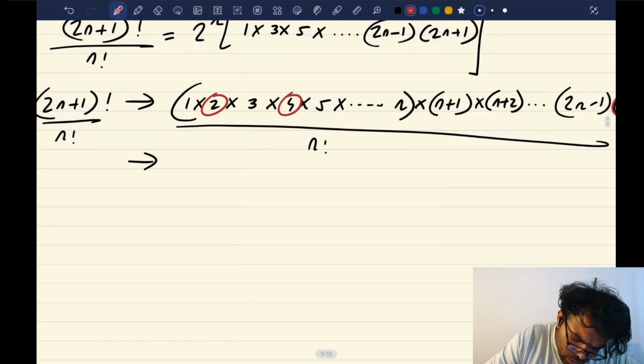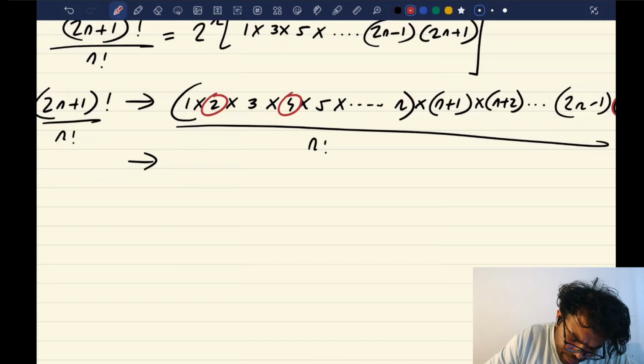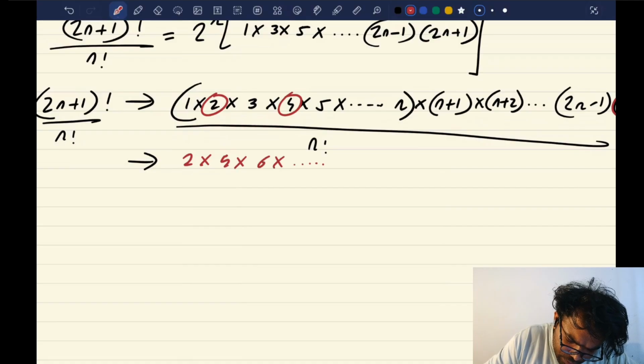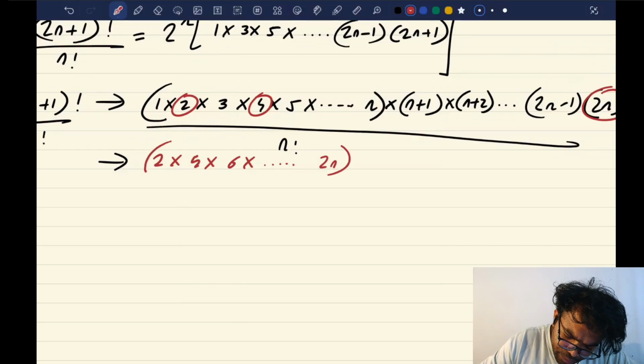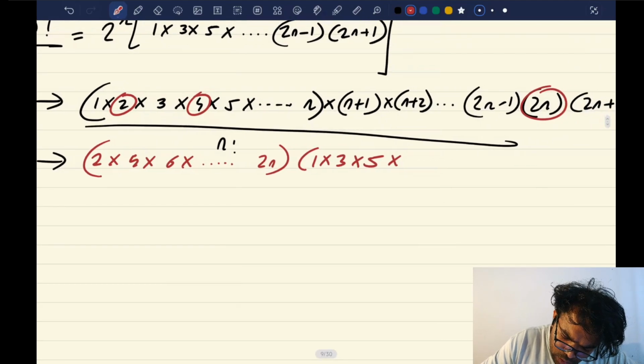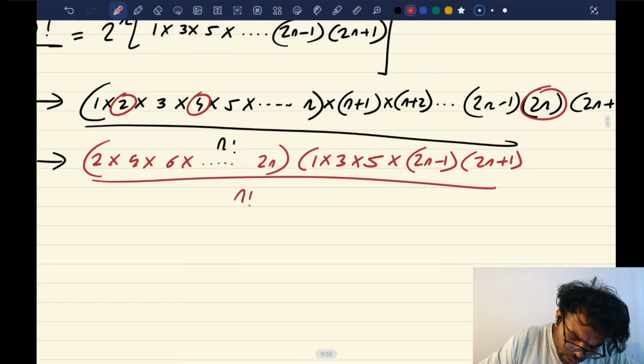So this can be written as 2 into 4 into 6 into 2n into 1 into 3 into 5 into 2n minus 1 into 2n plus 1 upon n factorial.